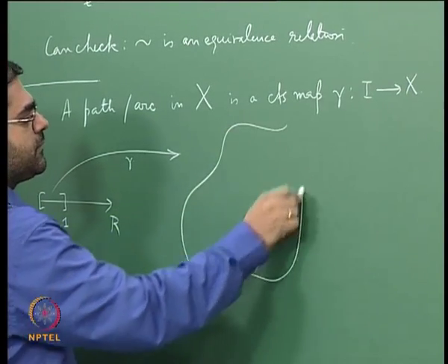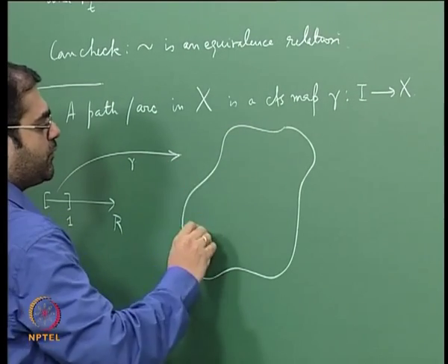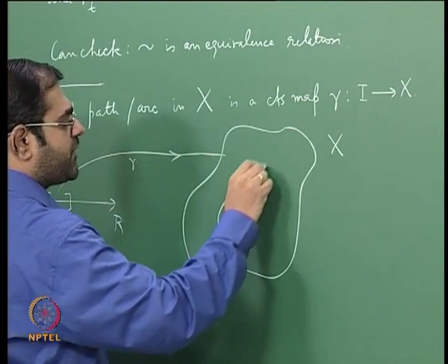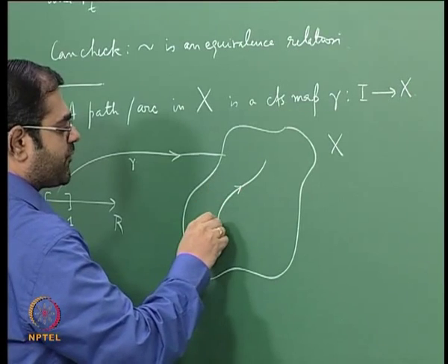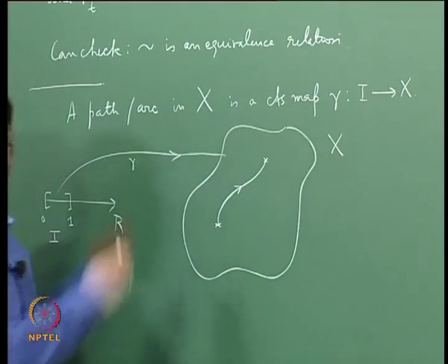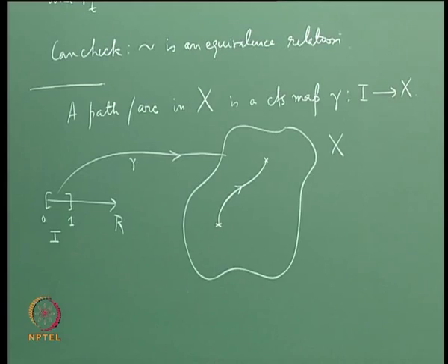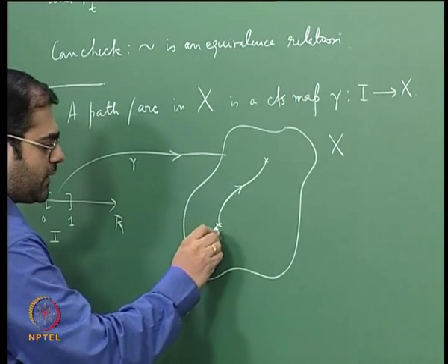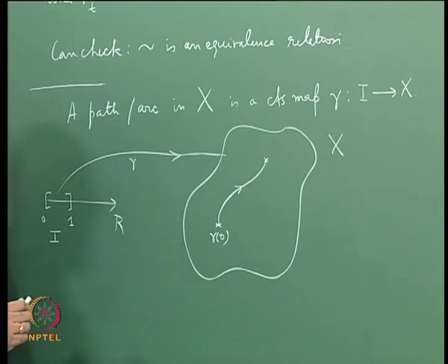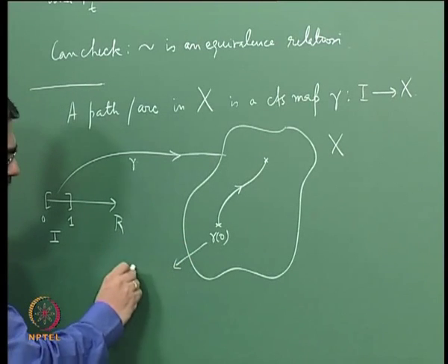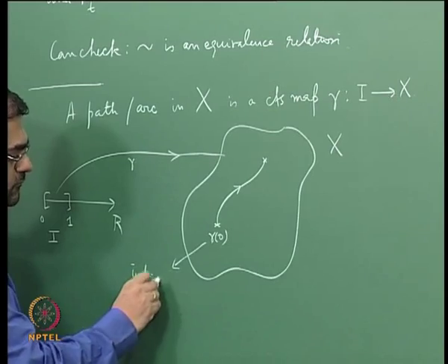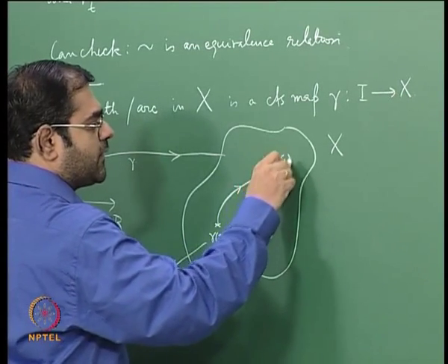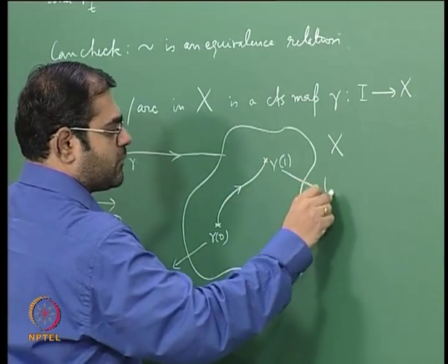Its image is going to trace out a continuous curve, a continuous path or a continuous arc on the topological space X. This is going to be gamma of 0, which is called the initial point, and of course this point is going to be gamma of 1, called the terminal point.